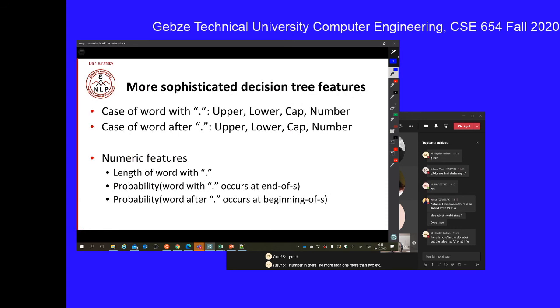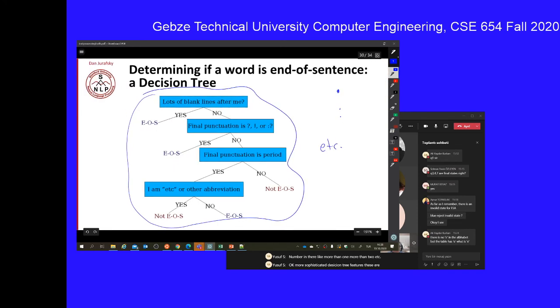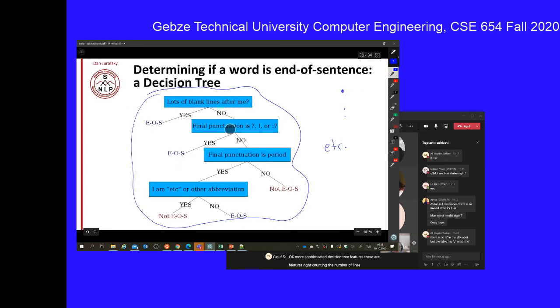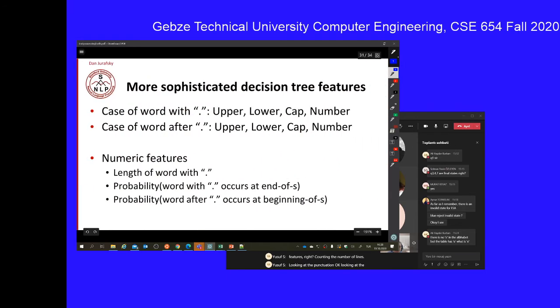Okay, more sophisticated decision tree features. These are features, right? Counting the number of lines, looking at the punctuation, looking at the word or other more complicated features. Case of word: if I have a word with a period, I may look at it, is it an uppercase word, lowercase word, or a capitalized word?